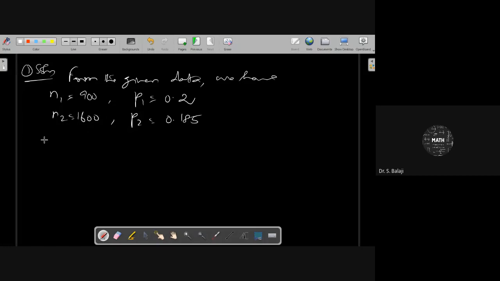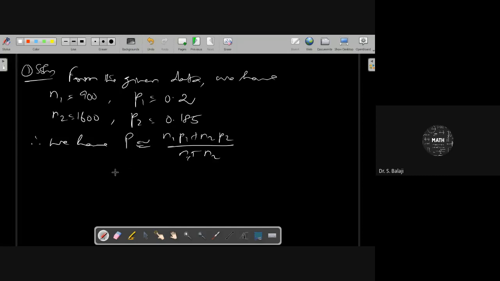Because we have N1, N2, P1, P2, we can adopt a test statistic here. But we have only these values, so we have to identify capital P and capital Q also. Capital P is approximated by N1 P1 plus N2 P2, the whole divided by N1 plus N2.